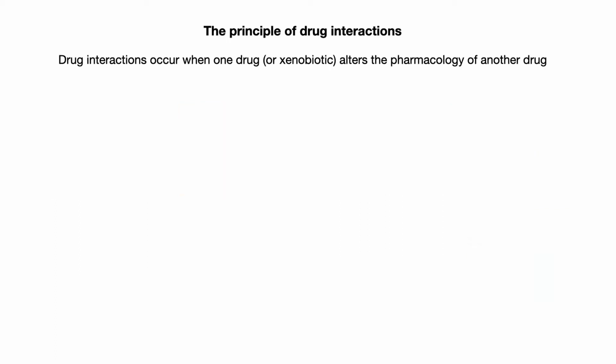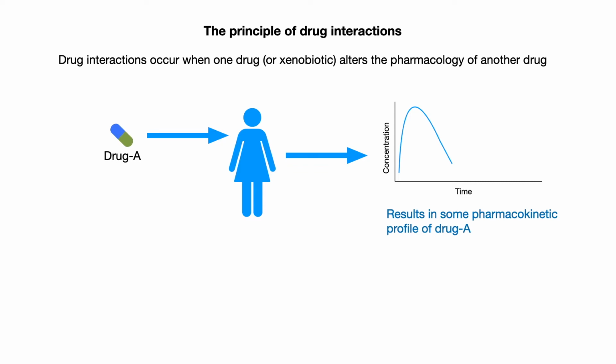Let's look at the principle behind a drug interaction. It occurs when one drug, or to be complete, a drug or a xenobiotic, alters the pharmacology of another drug. Let's take an example. Some person takes drug A, and that drug generates some pharmacokinetic profile.